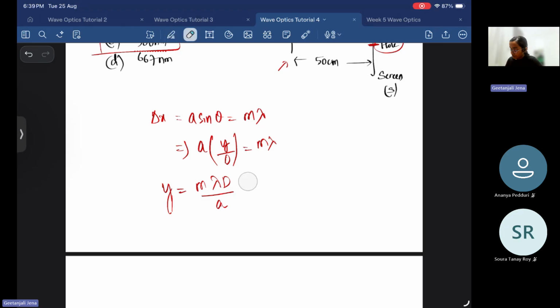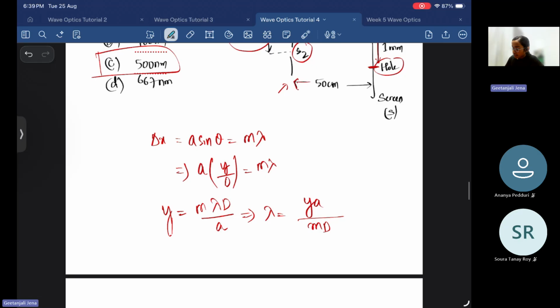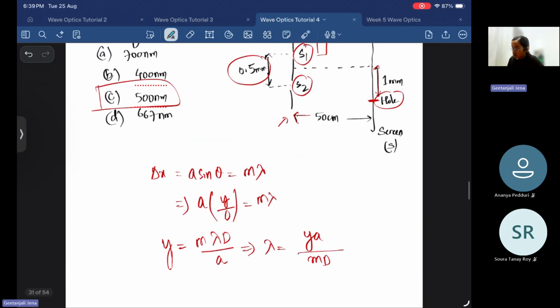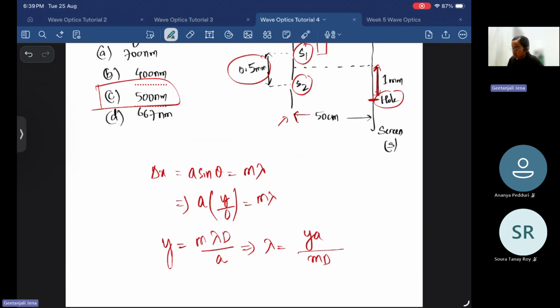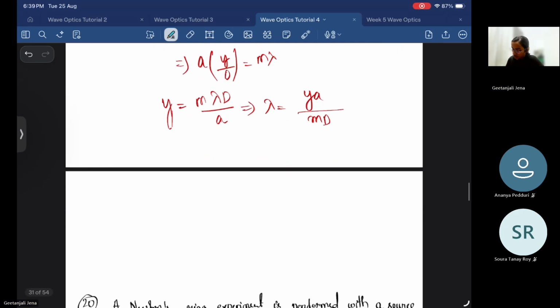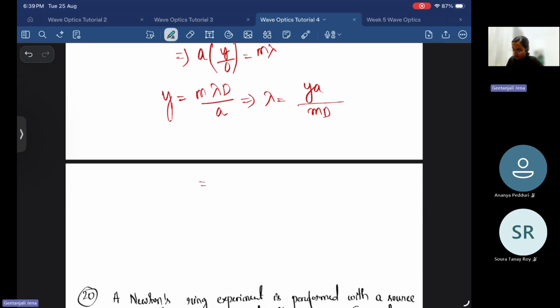We want to find the wavelength. So the wavelength is y a over m d. D is given, it is 50 centimeter. Y is also given, it is 1 millimeter. We put all these values in and get 0.5 over m times 10 to the minus 2.